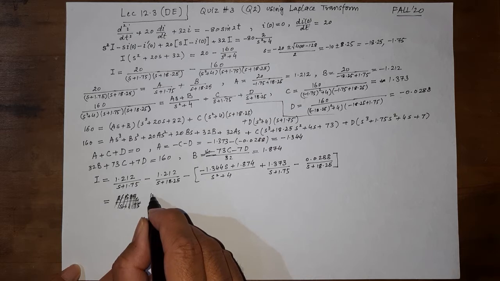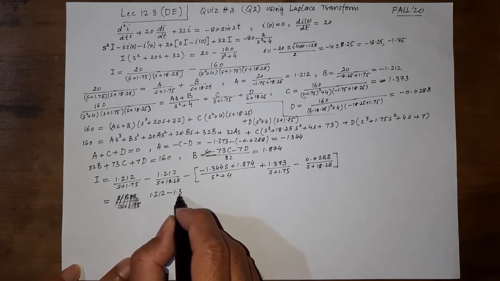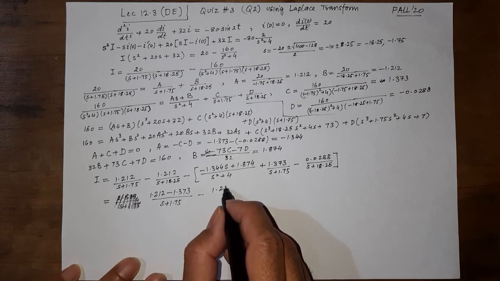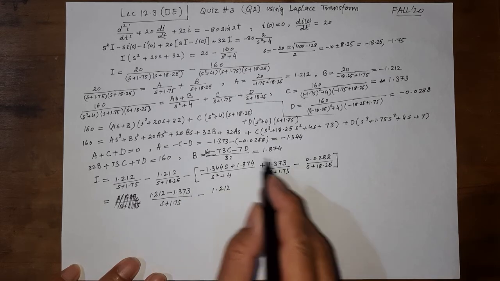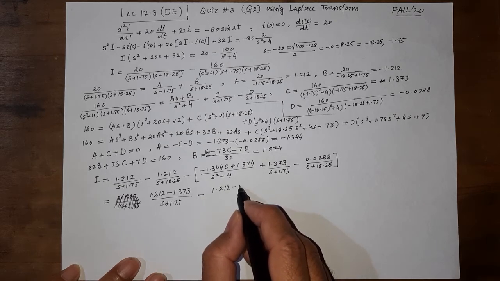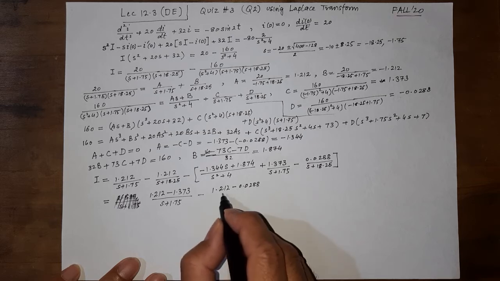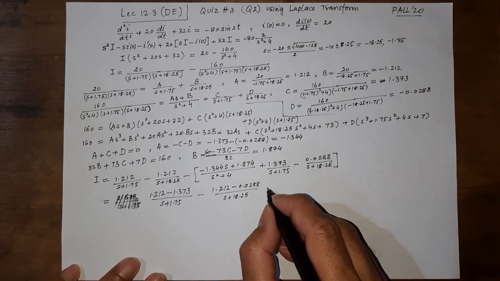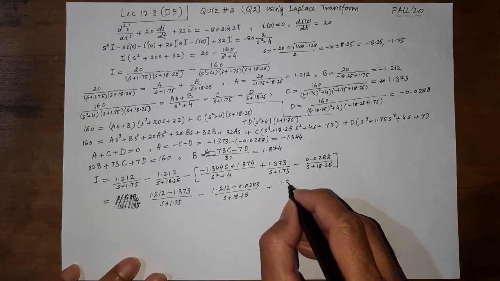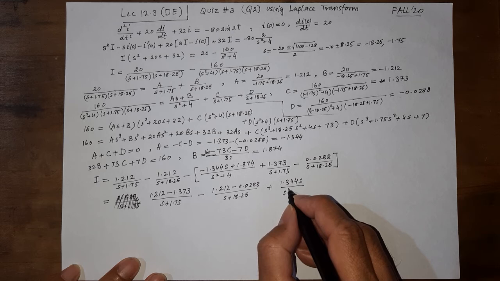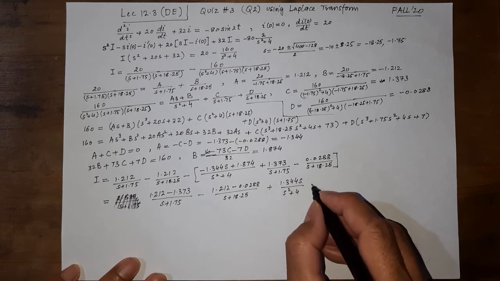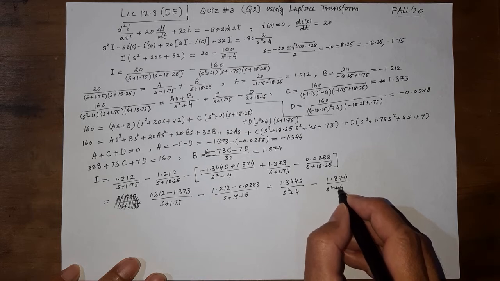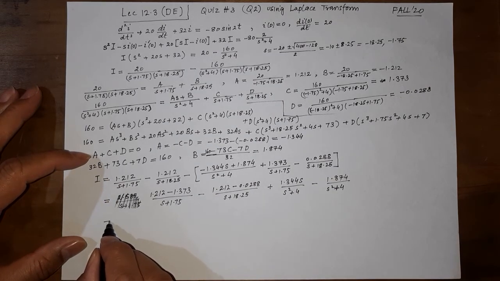So we get 1.212 minus 1.373 over s plus 1.75, minus 1.212 minus 0.0288 over s plus 18.25, minus or plus 1.344 s over s square plus 4, minus 1.874 over s square plus 4. So what do we get here?